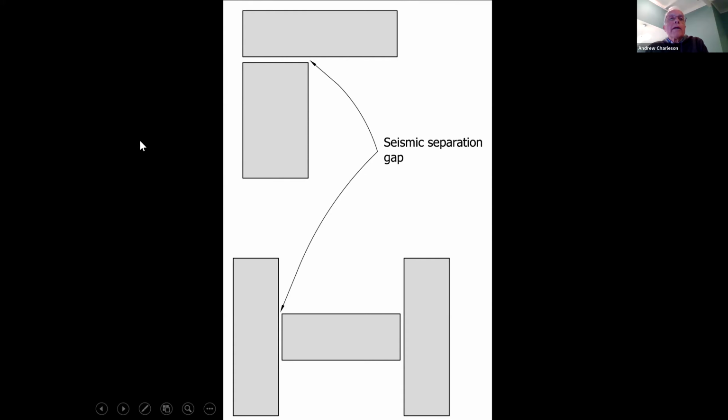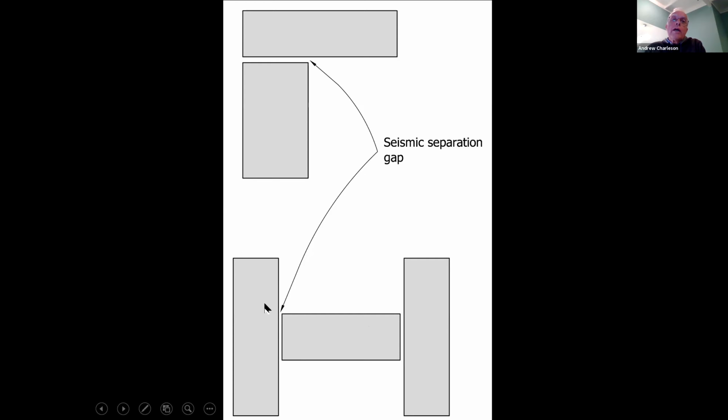In the lower building, what we would do in practice is we've got one building here. We would require two separation gaps. And so now we would have one building with three separated structures.